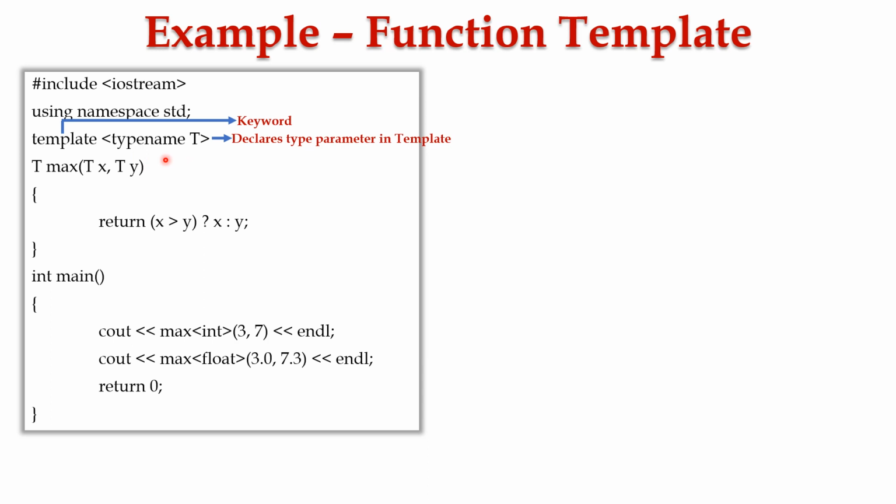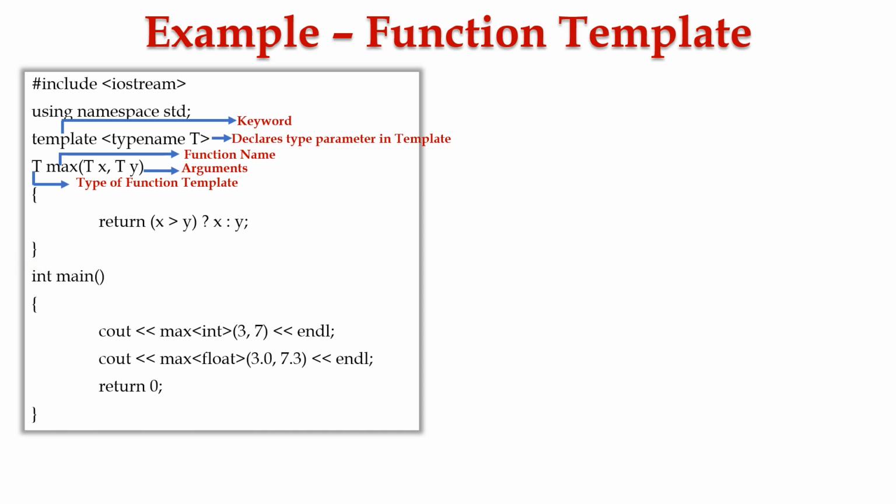Next we have the function definition, where T is the template type followed by the function name, that is max, which has a list of arguments such as x and y of template type T. Next we have an open curly brace, and the function max returns the maximum of x and y using the ternary operator. The function ends with a closed curly brace.